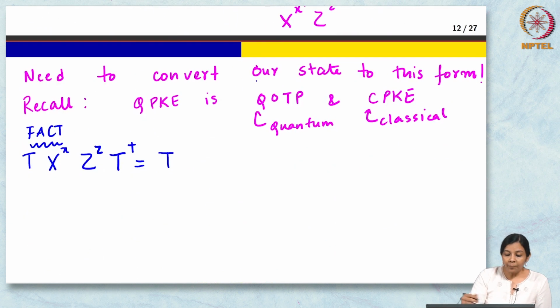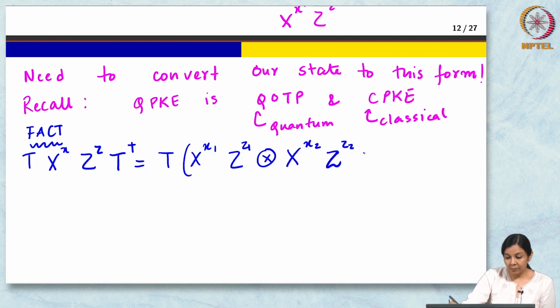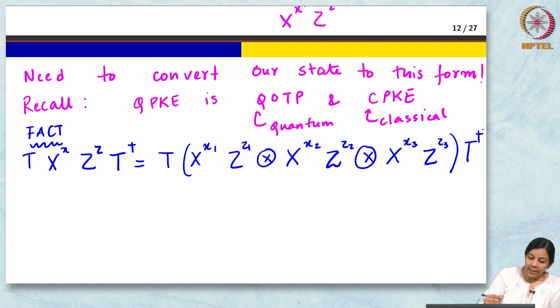Good. So, I can write this in longhand like this, T dagger. I mean, this is just rewriting it in terms of individual bits, and it turns out that you can open this up to get the following.